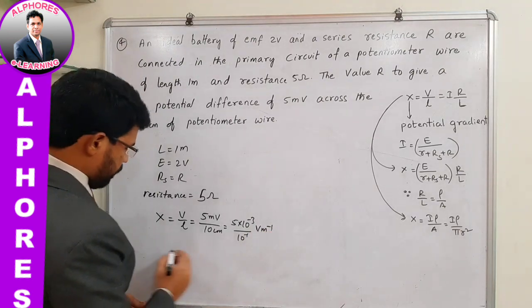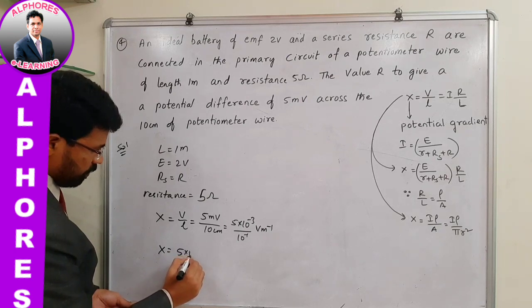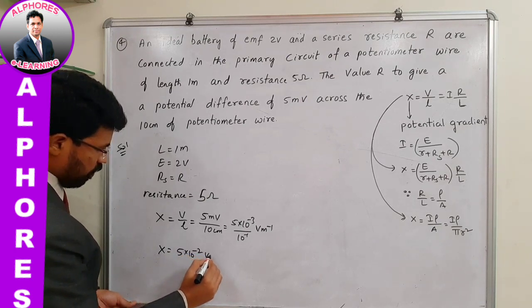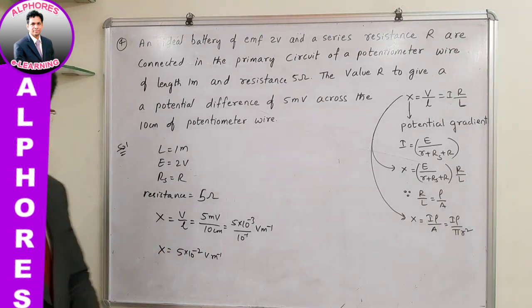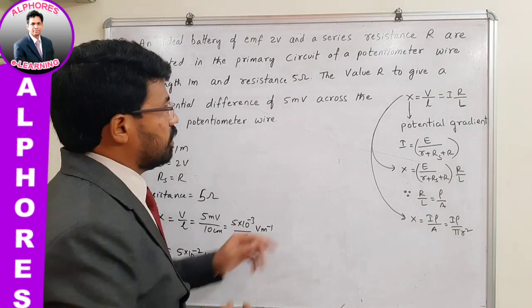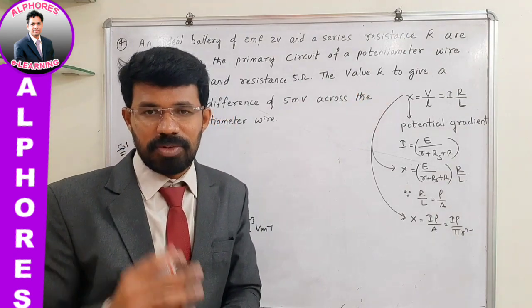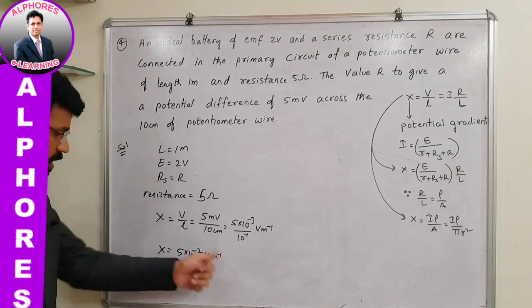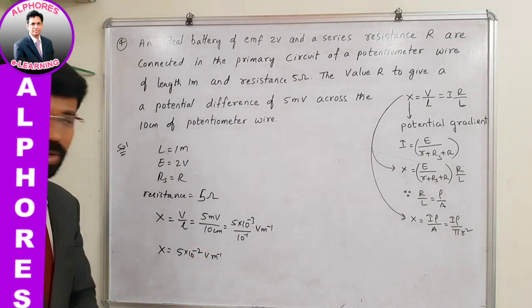So X is equal to 5 into 10 power minus 2 volt per meter. So this much potential gradient we have to obtain. For that, how much should the series resistance R value be, so that we get a potential gradient equal to 5 into 10 power minus 2 volt per meter? Let us see.